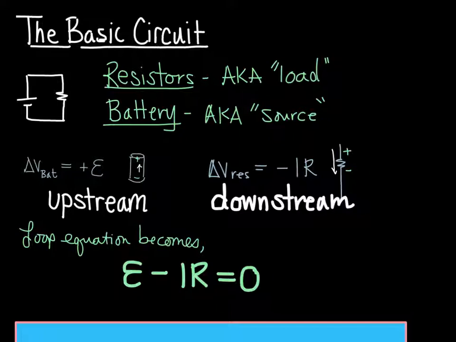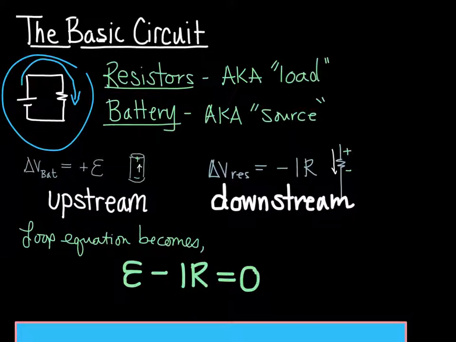So if we look at the loop, if we have just our simple series circuit with the battery and our resistor, referring back to our drawing here, then we go upstream through the battery, which is a positive electromotive force, and then we follow downstream through the resistor, which would subtract or lower the potential difference.